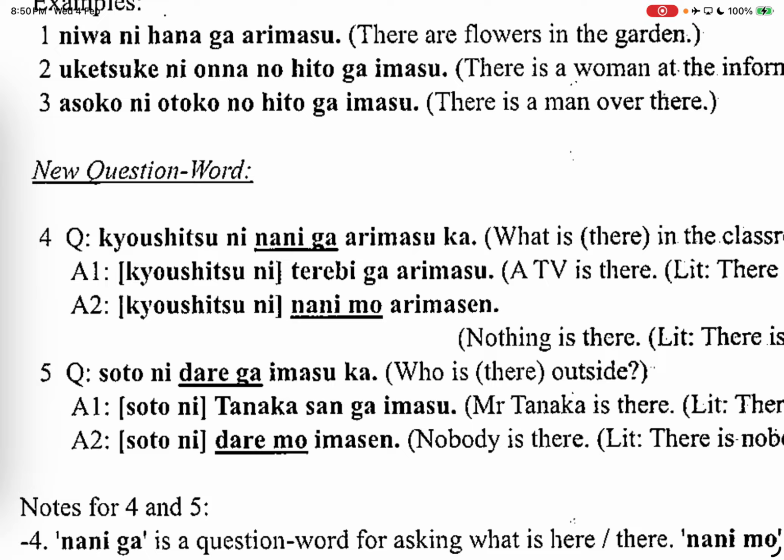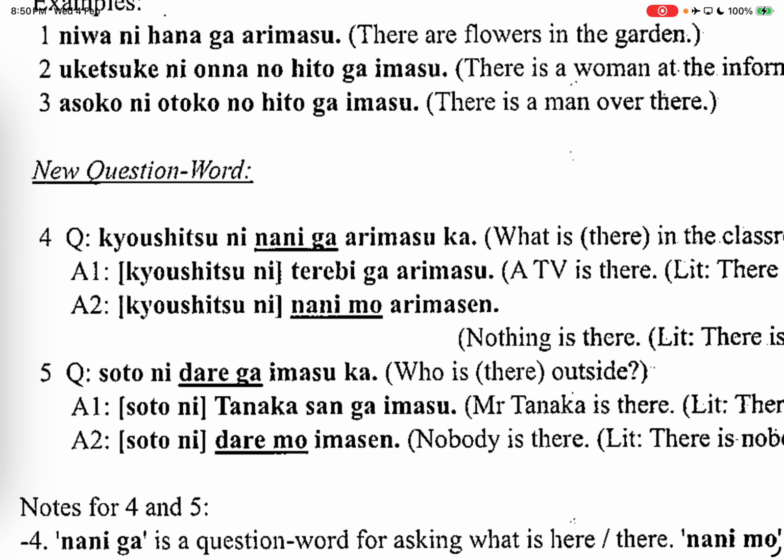What is the plural form for otoko no hito? Plural form for man, that means not just one. How to say we? 私, 私たち.